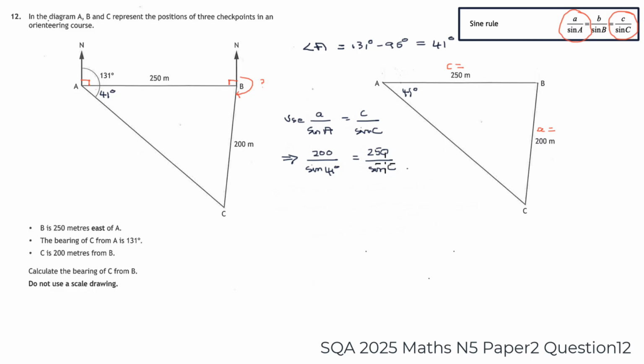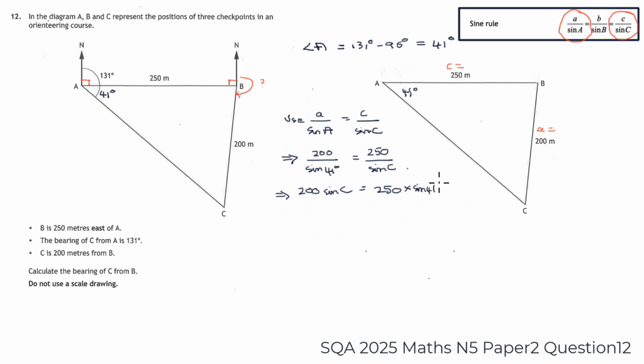Let's get rid of this divide by sine C, multiply both sides by sine C. So on the top of this fraction we'll have 200 times sine C. That means on the right hand side sine C will disappear. Now at the same time we can multiply both sides by sine 41 degrees. That'll disappear and it'll appear as a multiplying the 250.